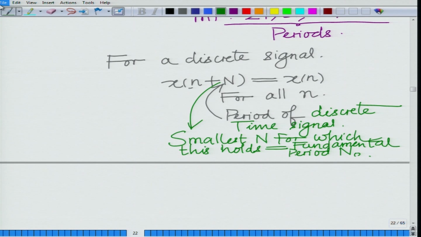Okay, so that is basically periodic signals, continuous time periodic signals and discrete time periodic signals as well.